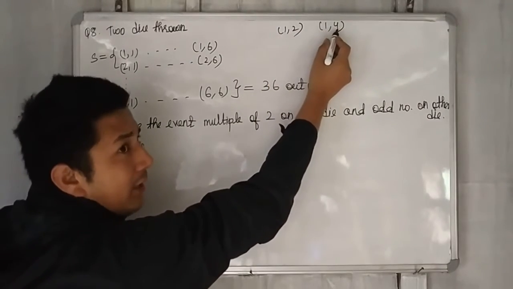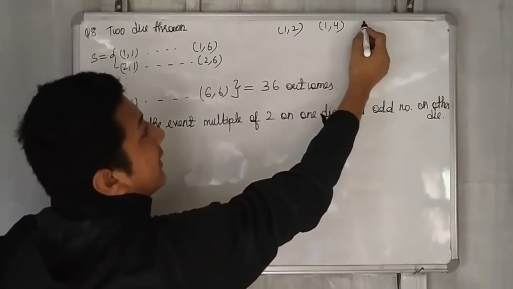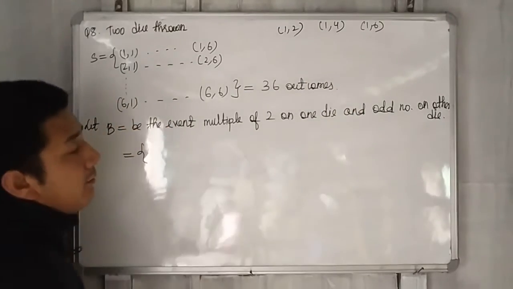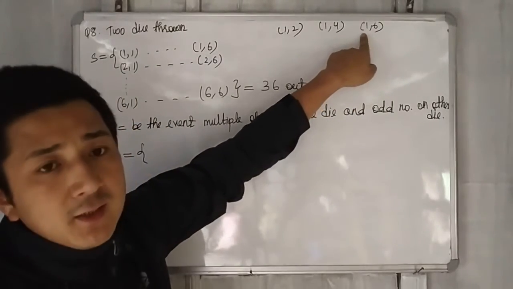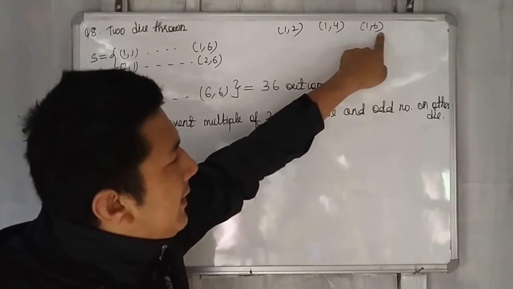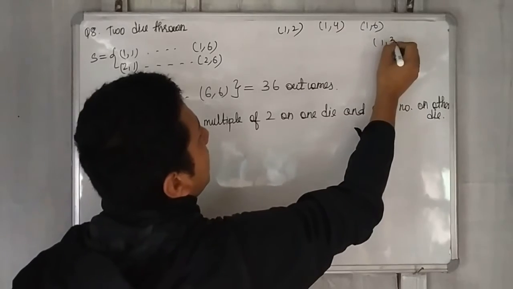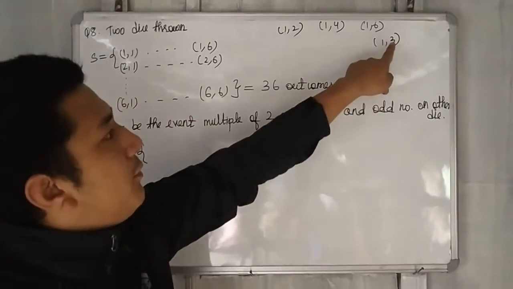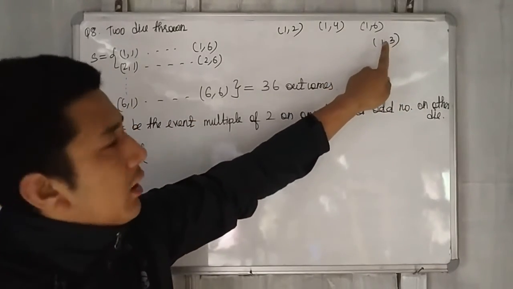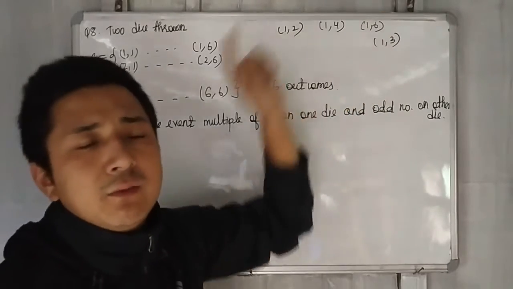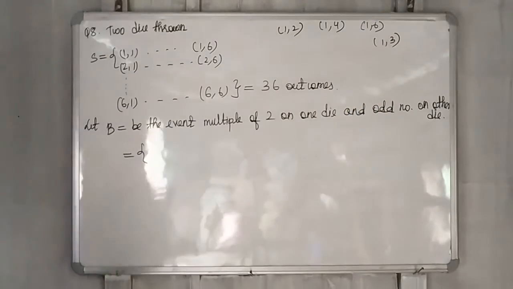I can take 1, 6 also. But I will not be able to take 1, 3, neither is it a multiple of 2 and odd in the other. Both the numbers are odd. So in that way we have to take the numbers out here, boys.